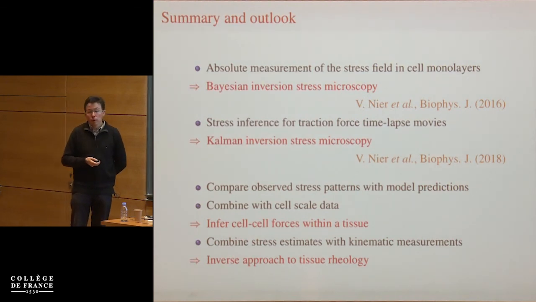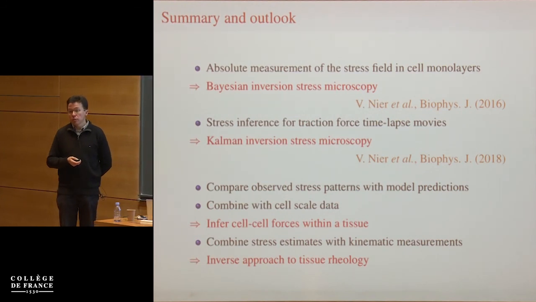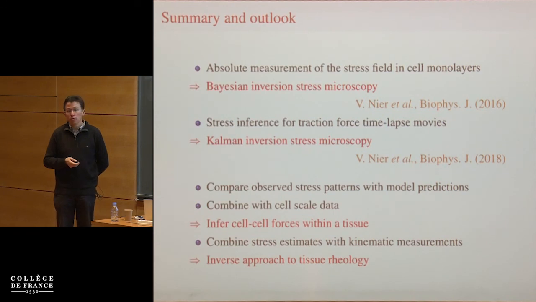But if we know where the cells are, then from the full stress patterns, it's easy to compute the stress in a cell, by restricting the domain of interest to that particular cell, which is certainly an important piece of information. So we have, in principle, a method to infer cell-cell forces within a tissue.